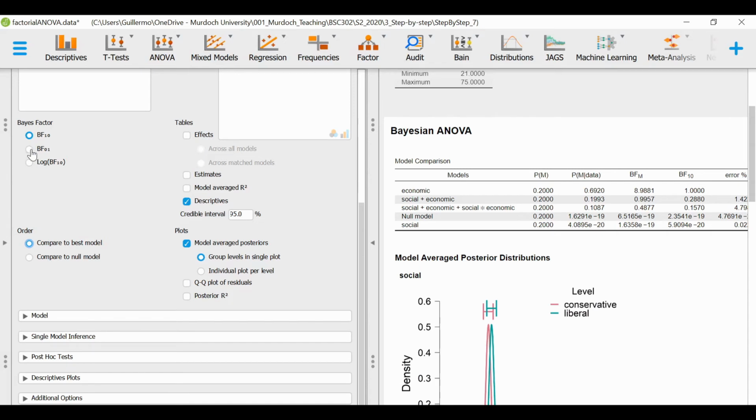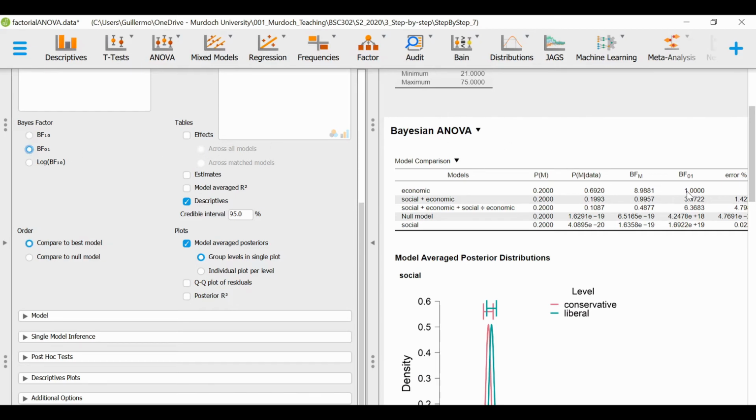Instead of putting all the other models in the numerator and economic in the denominator, BF01 puts economic in the numerator and all the other models in the denominator. That will tell us how much better economic is over the others.